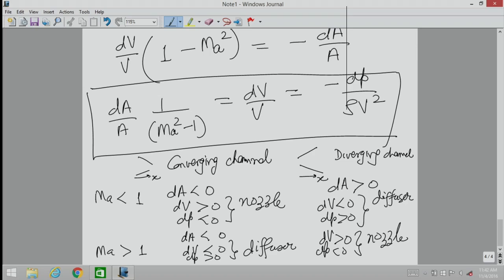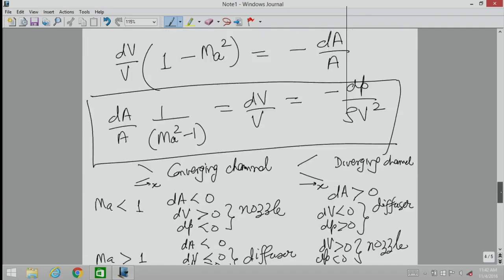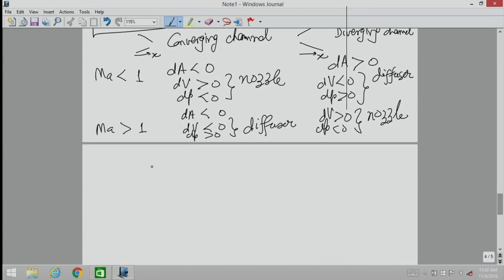So this becomes a nozzle. And if I look at the value of dA upon A, this becomes equal to Mach square minus 1 times dV upon V.